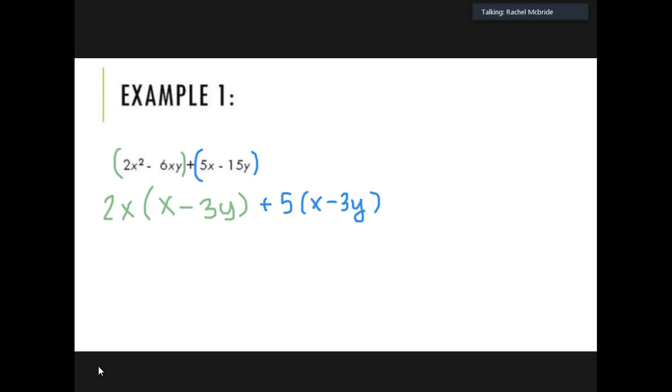And what should happen is what's inside should match. So both times you have x minus 3y. So that becomes my new GCF. So you get x minus 3y. And that leaves behind 2x plus 5.